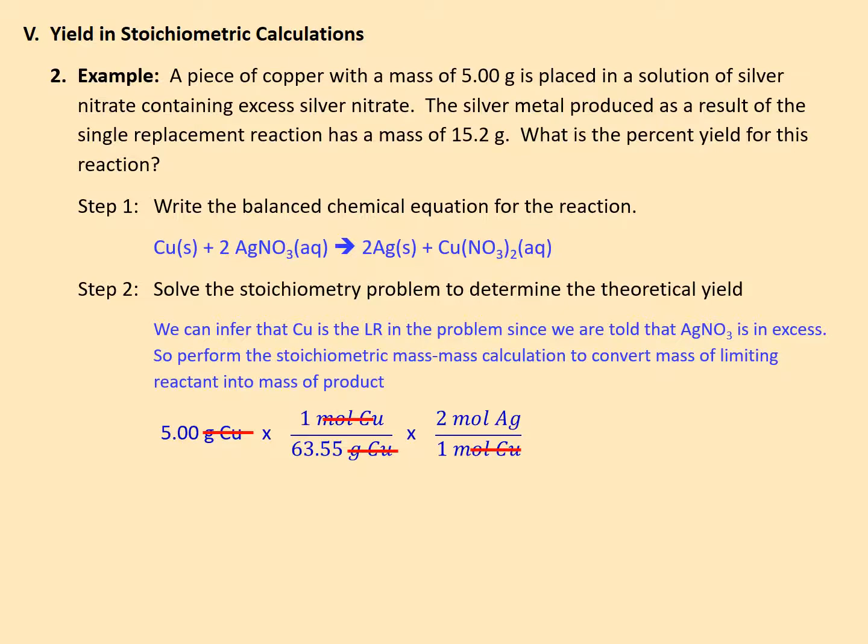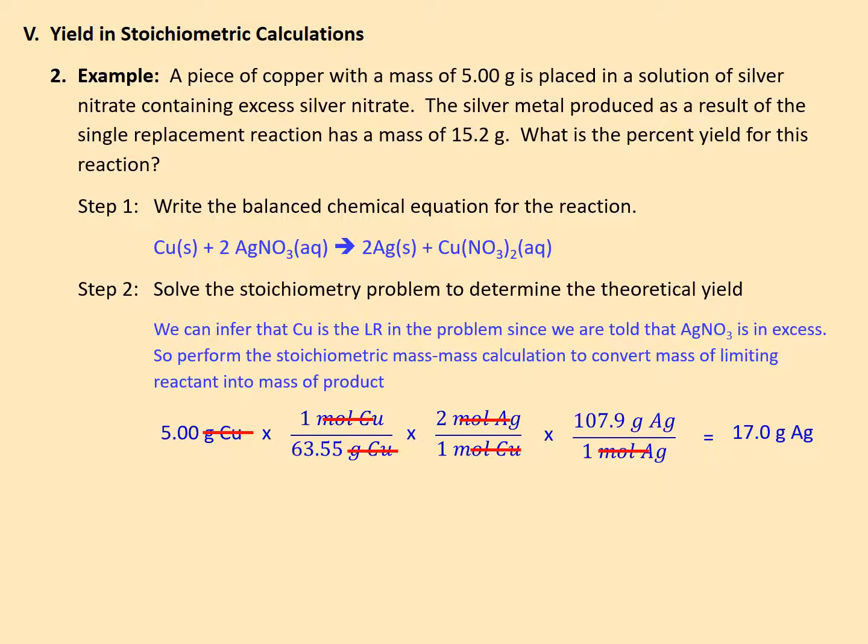And finally, we can convert from moles of product into grams of product, multiplying by the molar mass. So we look that up in the periodic table and find out that silver has a molar mass of about 107.9 grams. Do the number crunching, and it turns out that our 5 grams of copper, when it is completely consumed, will produce 17.0 grams of silver.